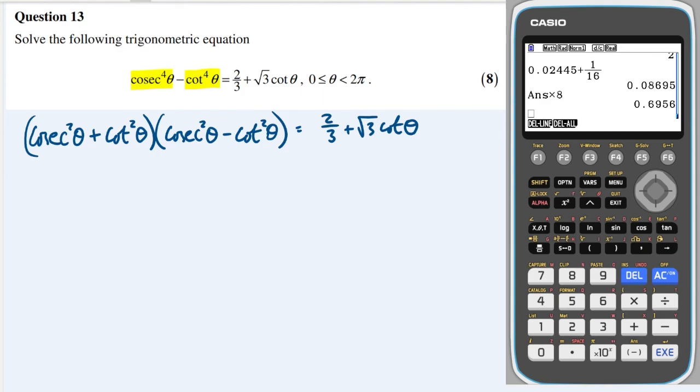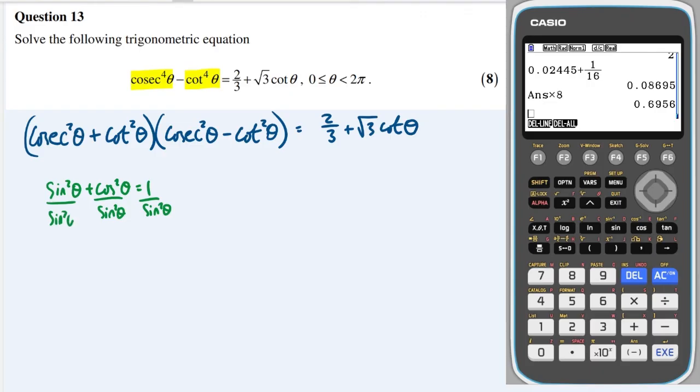Okay, and we have an identity which connects cot and cosec. If you don't know it off by heart, then never fear, because you can always just go with the cos squared plus sine squared equals 1. I want to get a cosec, which is 1 over sine squared, so just divide through by sine squared, like this.